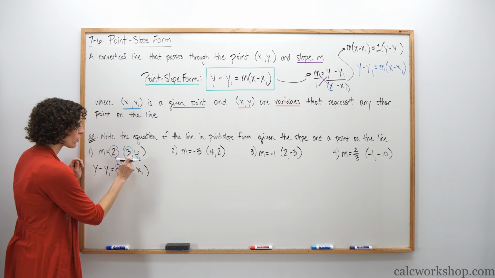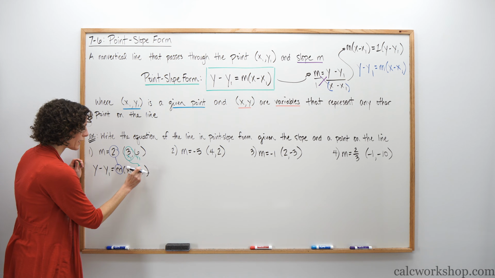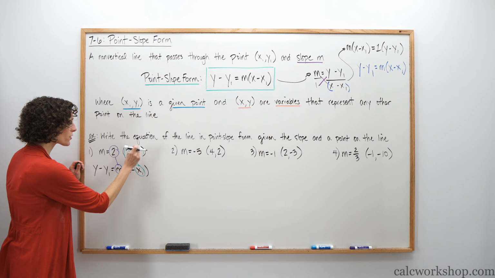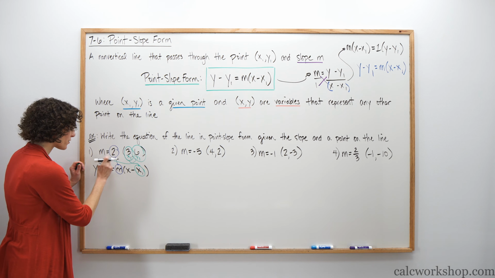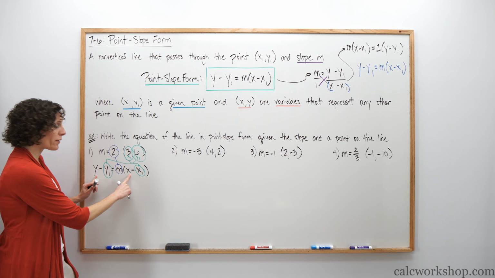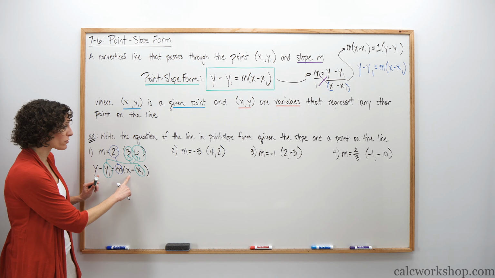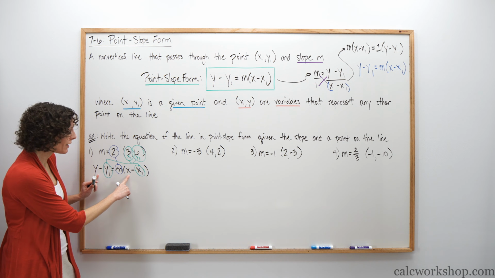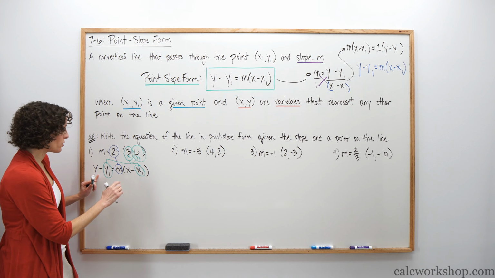You're going to take this 3 and plug it in for the x1. And you're going to take the 6 and plug it in for the y1. Notice that x and y without the subscripts are the variables. You have to have variables in your equation, and everything else gets substituted.